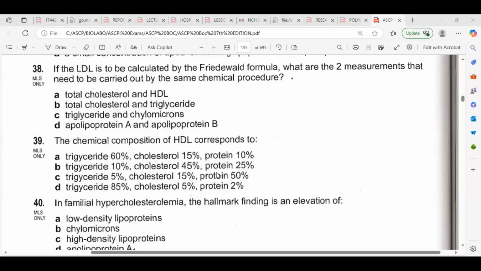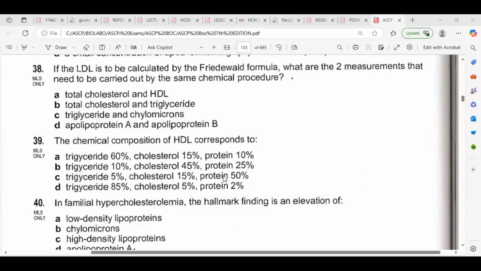But here, most of the challenging questions may be difficult to explain, because it's not about answering the question. It's about explaining to yourself why you choose this but not that. This is what we want you to be doing when you are reading these books. So we're choosing MLS questions only because those are the most difficult questions.